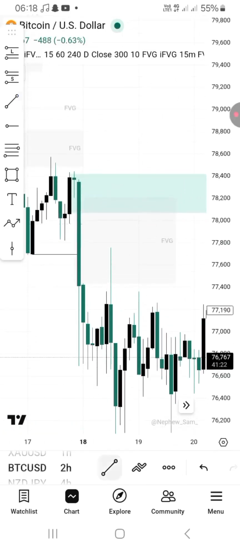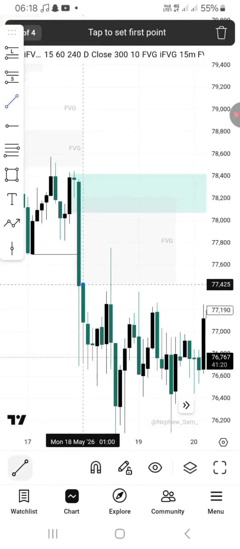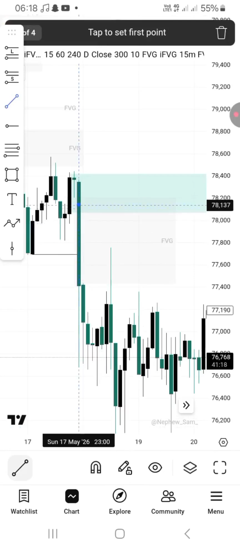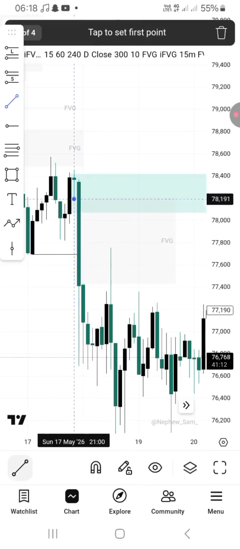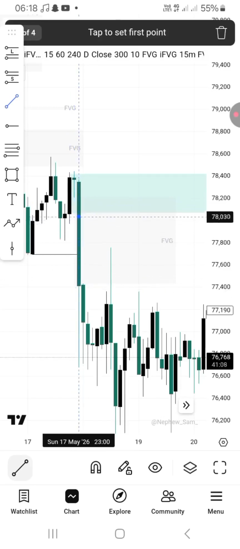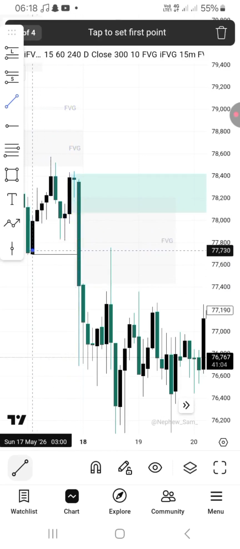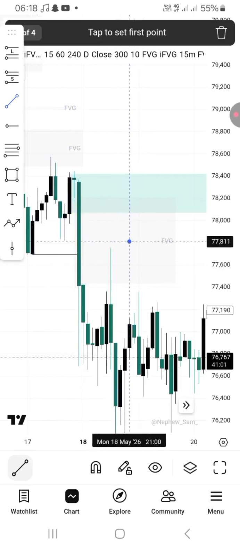This is a fair value gap from this candle high to this candle low. This entire gap is a fair value gap. So this order block broke market structure and it has a fair value gap.